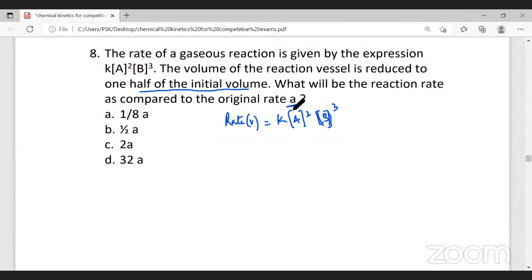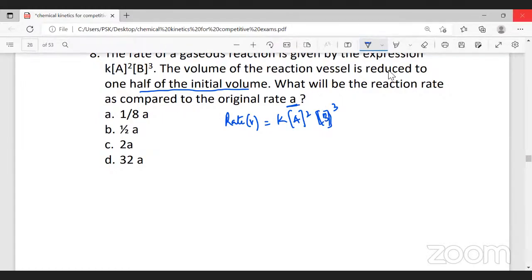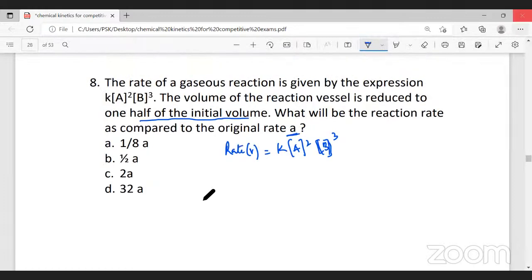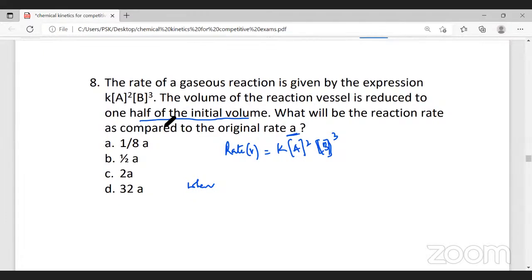The original rate, they say, is A. Now you tell me, how do I work this problem? The volume of the reaction vessel is reduced to 1/2. When volume is reduced to 1/2, what will happen to the pressure?